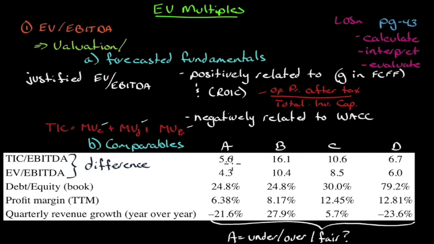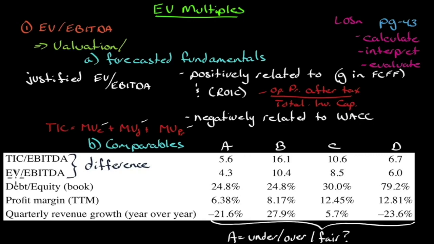And the TIC to EBITDA will always be higher than the EV to EBITDA. Why is that? Well, it's because enterprise value is reducing, the numerator is reduced by the amount of the cash on the balance sheet, whereas the second one is not reduced by it.